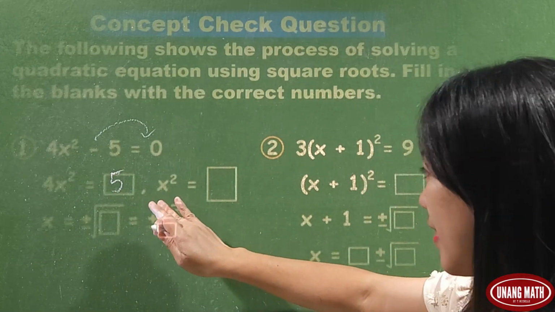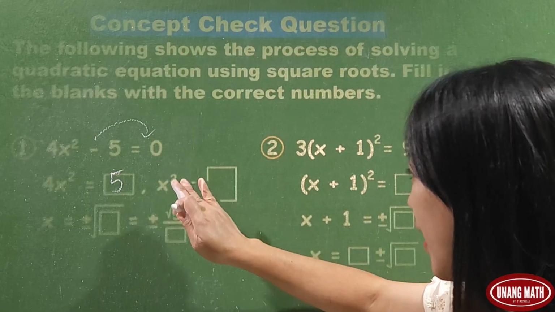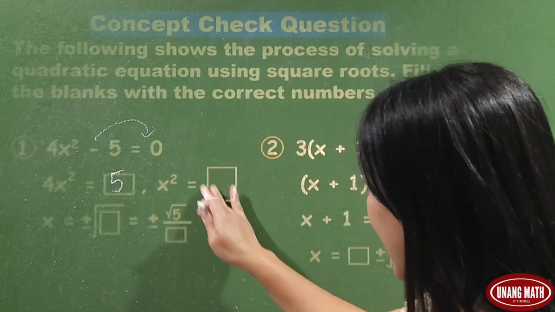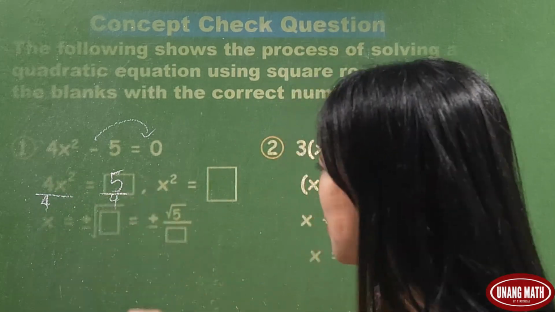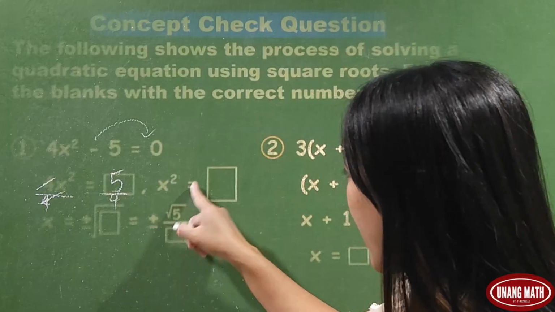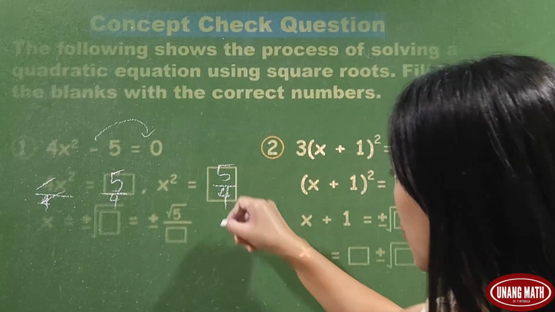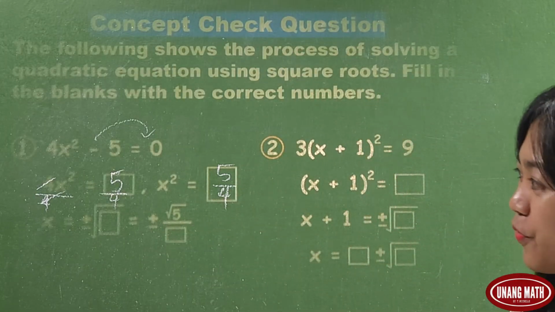Okay, now x squared is equal to... to get this answer, we are going to divide both sides by 4. So now we have x squared equal to 5 over 4.